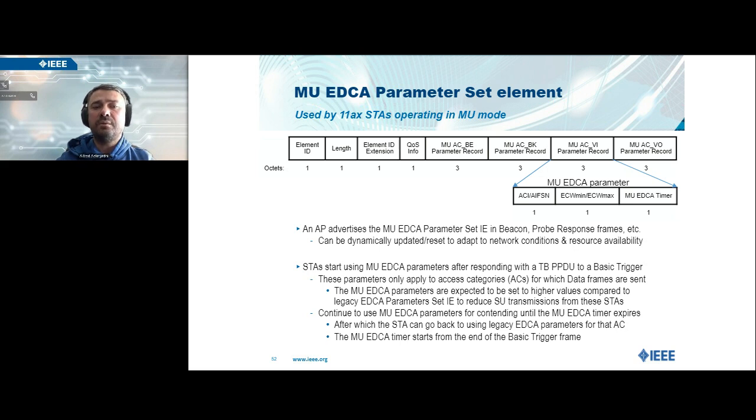After that timer ends, you're free to go back to single user or the legacy mode. That is to avoid cases where, say, the access point forgets to poll the station, and the station is still stuck with a very low priority parameter, getting penalized because the AP is busy with something else.